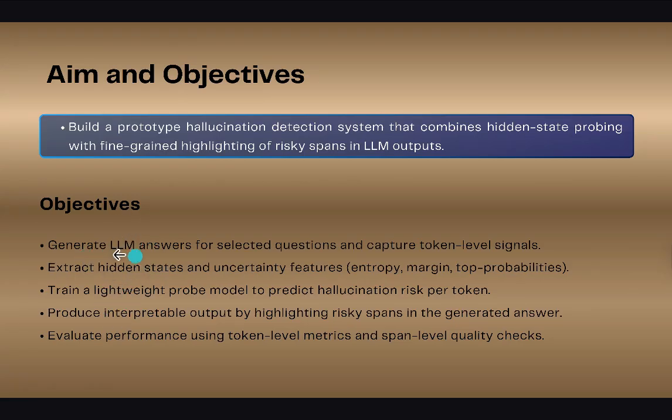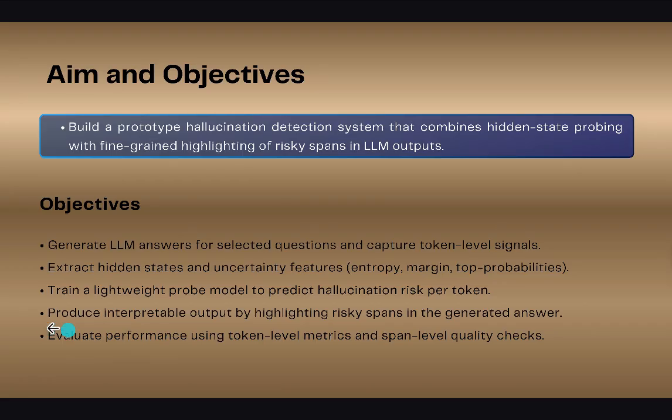Generate answers and capture the token-level signals. Then extract the hidden states and uncertainty features like entropy and margin. Then train a small probe model that predicts risk per token, and highlight risky spans in the final answer.